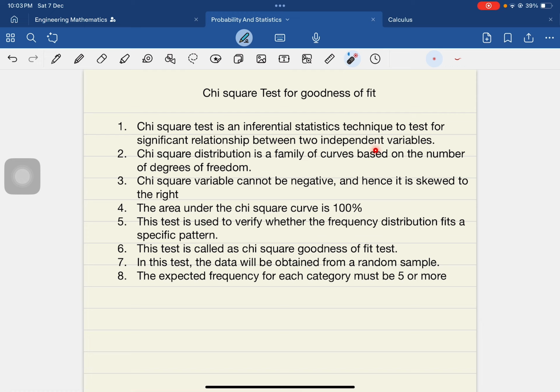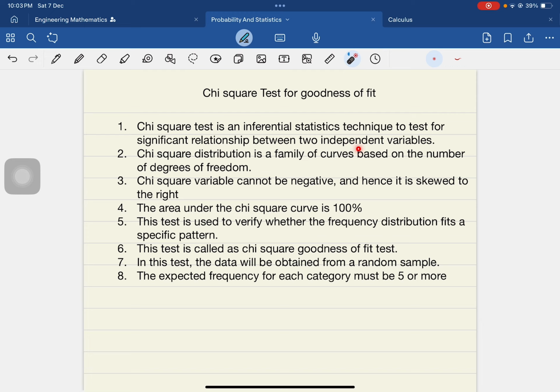Or a fast food chain wanting to find out the preferences for their menu, what is the difference between food items for male and female? Or, if somebody has a smoking habit, how the smoking habit is affecting lung diseases, or something like that.